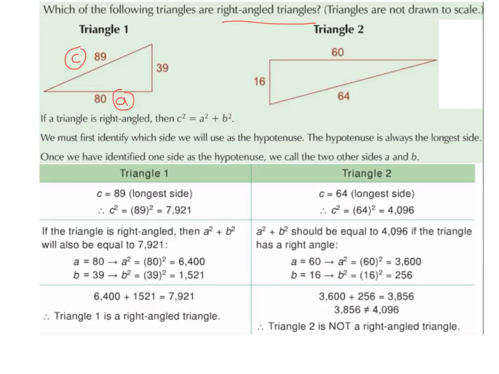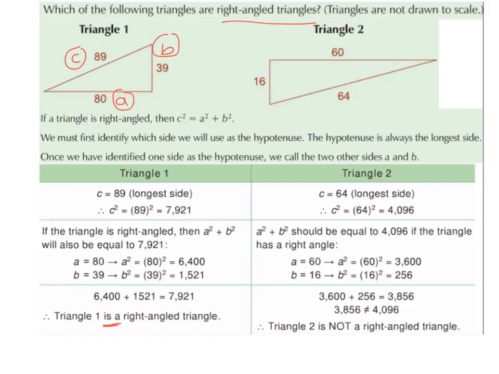And I'm going to label 39 as B. So we have b equals 39, so b squared equals 39 squared, which equals 1,521. I'm going to add these two together to get 7,921, which is what we got for c squared. Therefore, triangle 1 is a right angle triangle.